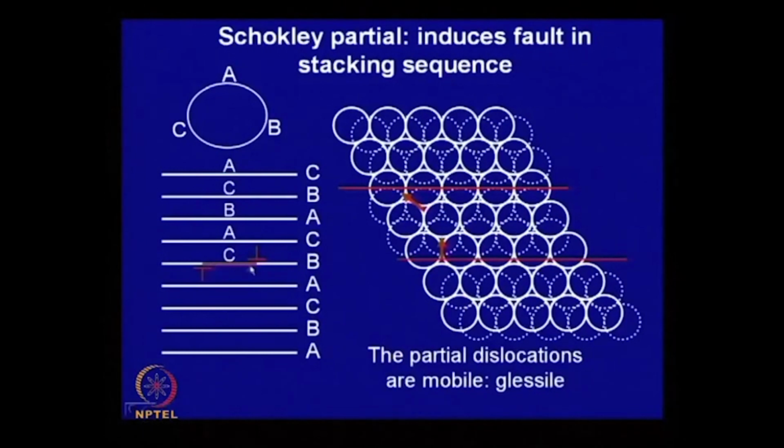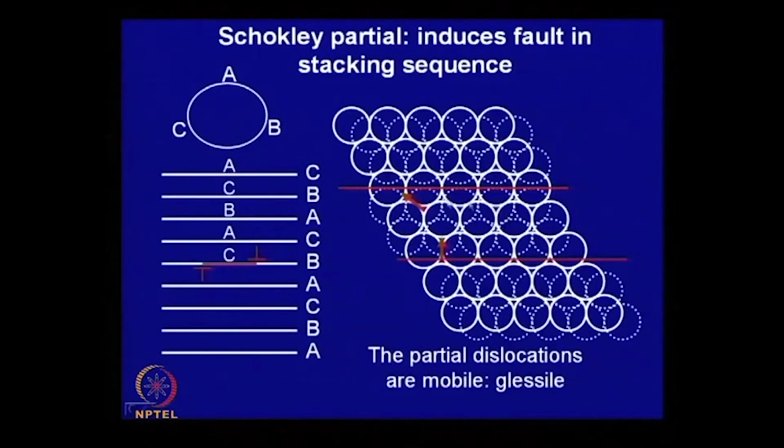So, across this area there is a fault in stacking sequence, and we call this the stacking fault energy, and these partial dislocations are known as Shockley partial dislocations, and the generation of a Shockley partial induces a fault in stacking sequence.